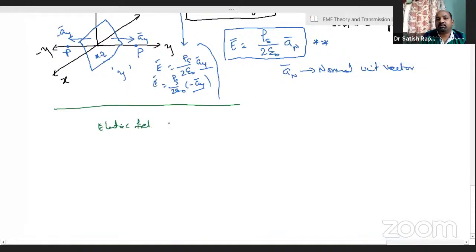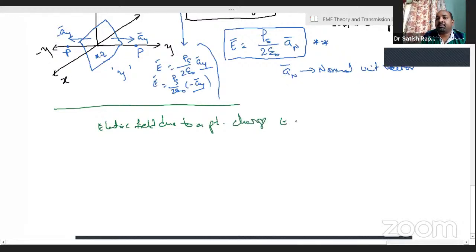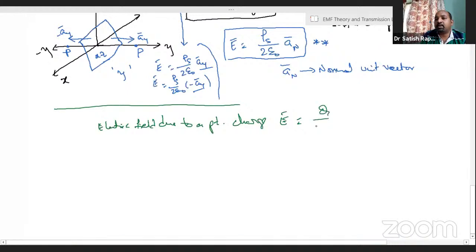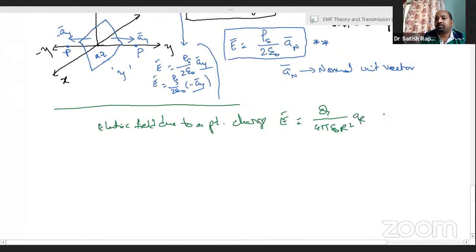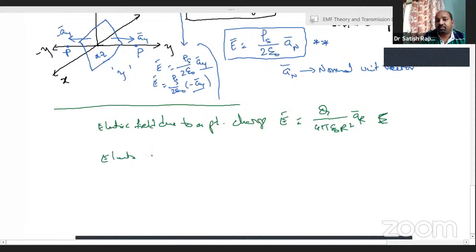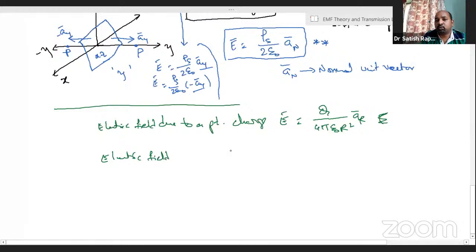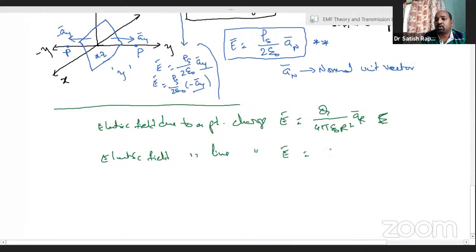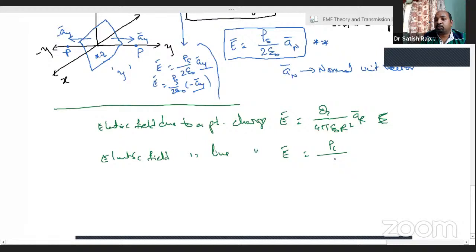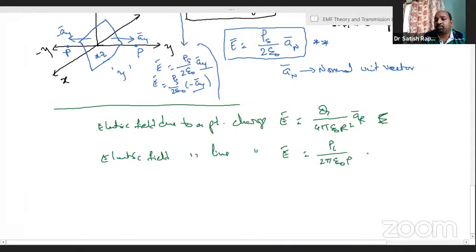Electric field due to a point charge, E bar is equal to Q by 4 pi epsilon r square a r bar. And electric field due to a line charge, E bar is equal to rho L by 2 pi epsilon naught rho a rho bar.